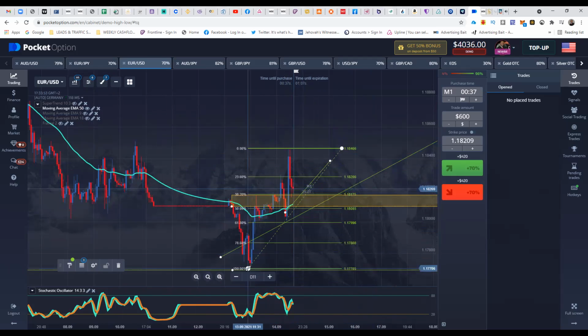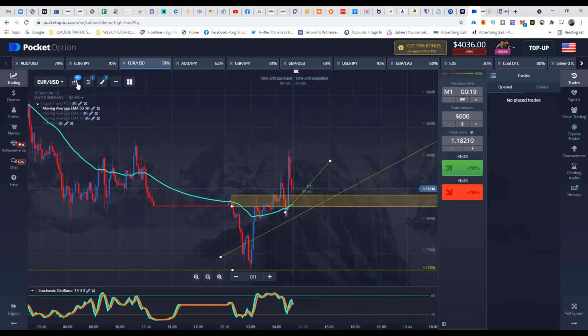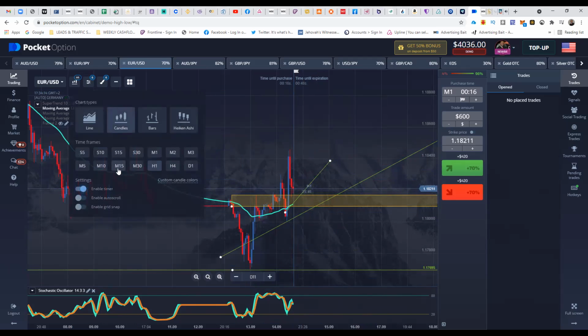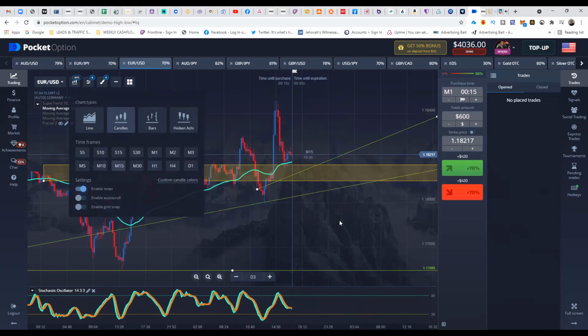Actually, if I move it down to here, from the most recent low to this most recent high, price is actually respecting the 38.20. That gives an indication that it's probably going to go for another impulsive move. So if that's the case, I'm going to switch over to the 15-minute and see if price is still trending up.